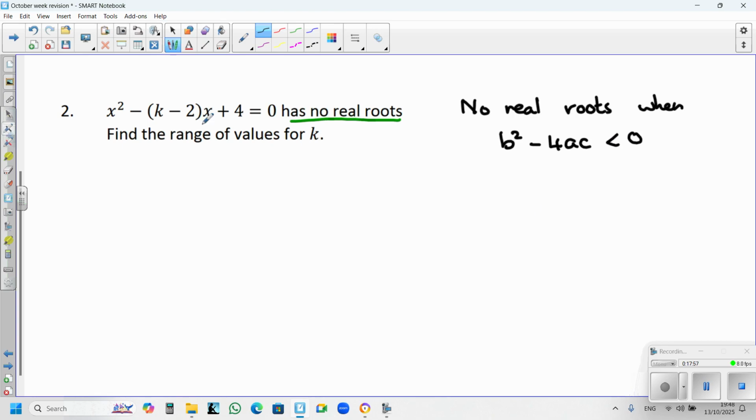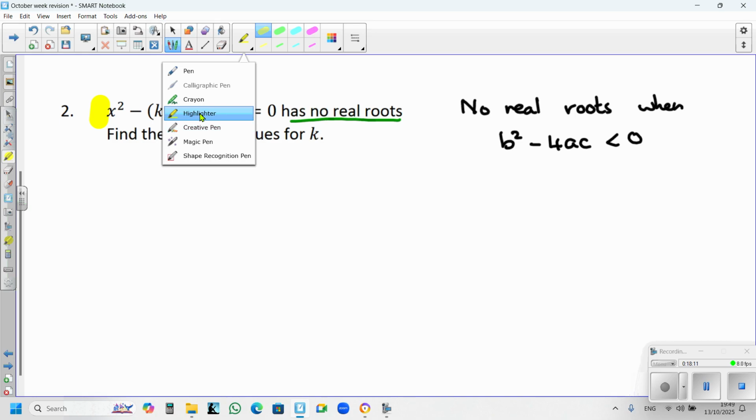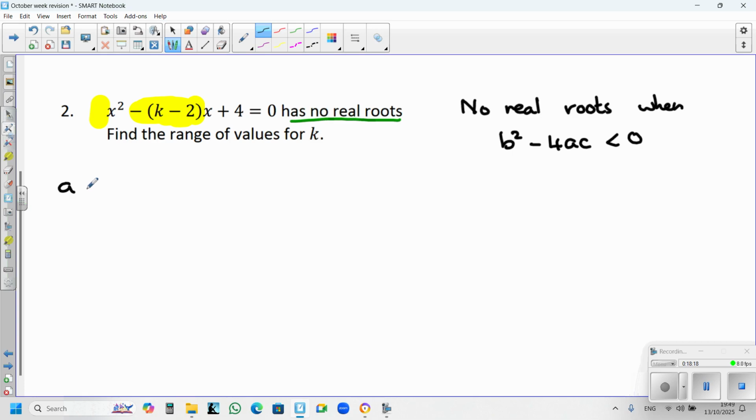Okay, so we're going to write down our a, b and c. a, that's like a 1 in there. The number in front of x, be very careful, it's that whole thing there. And then c is obviously just the bit stuck at the end. So a equals 1, b is equal to negative (k minus 2), and c is equal to the thing without the x or the x squared, so that's just a 4.